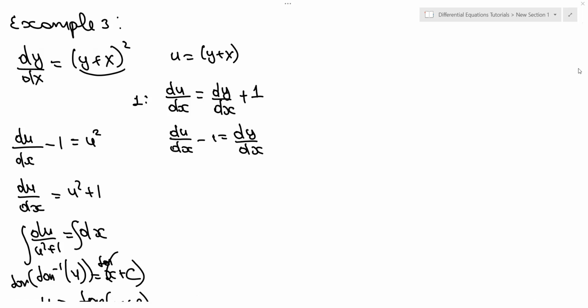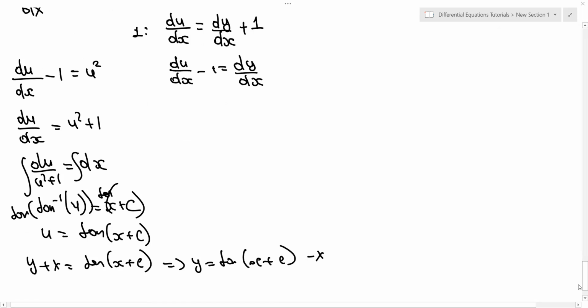So du over dx minus 1 is equal to dy over dx. So instead of this dy over dx, we just write du over dx minus 1 is equal to u squared. So du over dx is equal to u squared plus 1. And we solve. From this, it is just the previous separation of the variables.